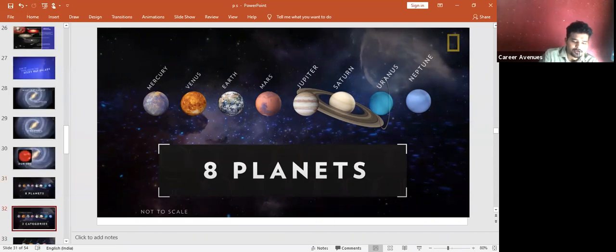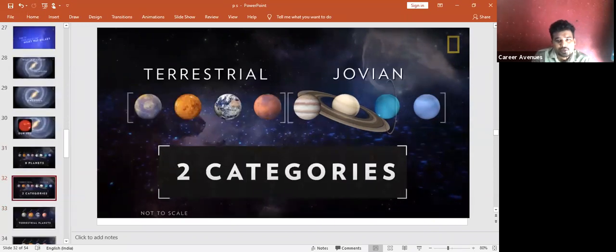Now let's talk about the first planets. The first 4 planets are terrestrial planets, and the last 4 planets are Jovian planets. Now, what is the difference between them? First and foremost, Jovian planets are very gigantic compared to terrestrial planets. Second, since Jovian planets are very far from the sun, they are gaseous giants or icy giants, while the terrestrial planets are close to the sun and are rocky bodies.